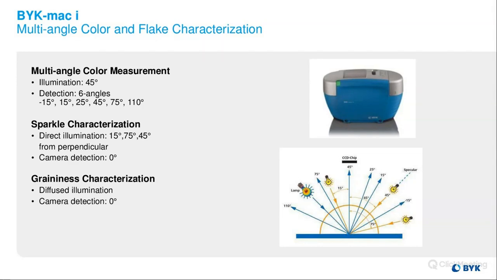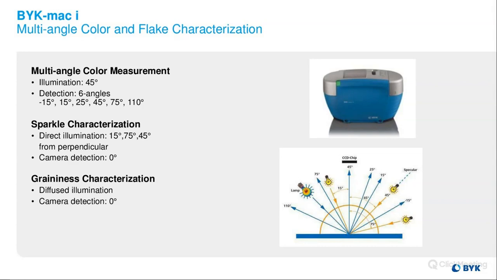And then at 15 degrees, if you see a difference there, it'll show you an issue with the formulation of your paint. So that's important to know, and this device would help you figure out what's going on there, and help your process.